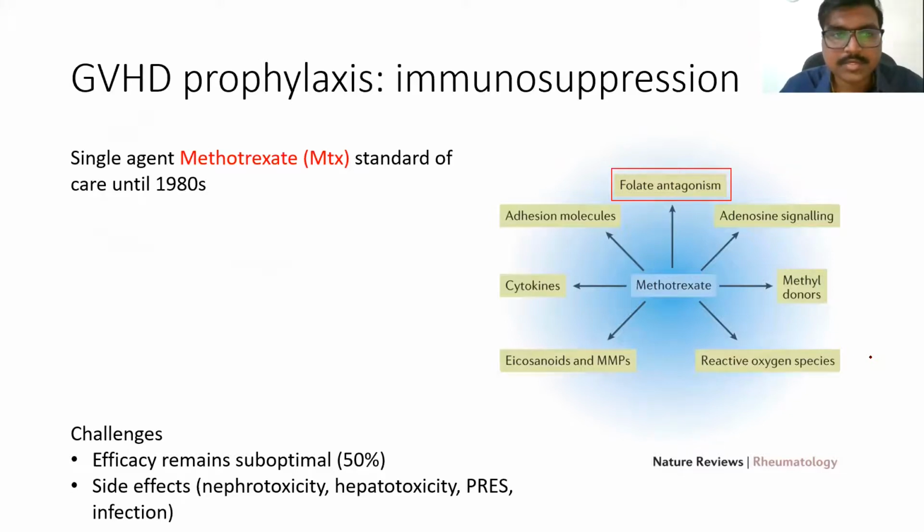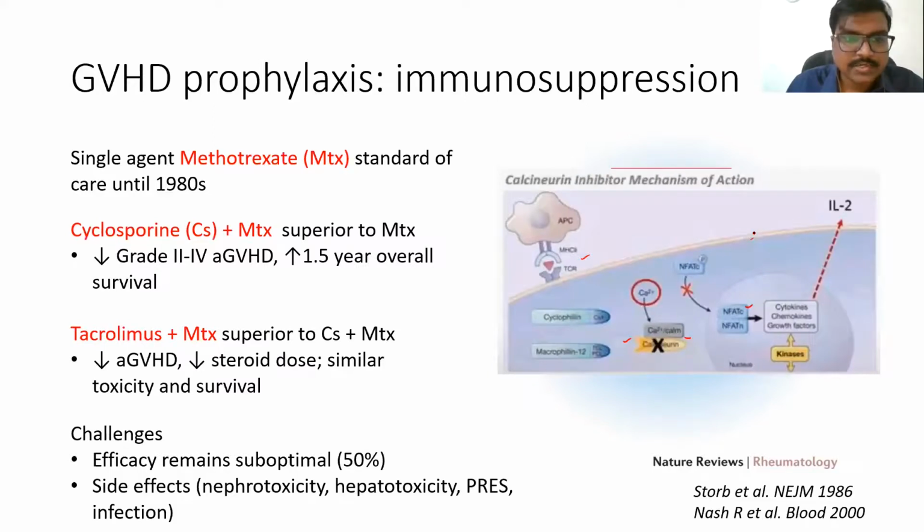first one day or day two of stem cell transplant, and single agent methotrexate was the standard of care because, apart from folate antagonism, it has multiple other effects which can prevent GVHD. Subsequently, calcineurin inhibitors were found to be superior to methotrexate, and they were used as a combination, cyclosporin with methotrexate or tacrolimus with methotrexate.